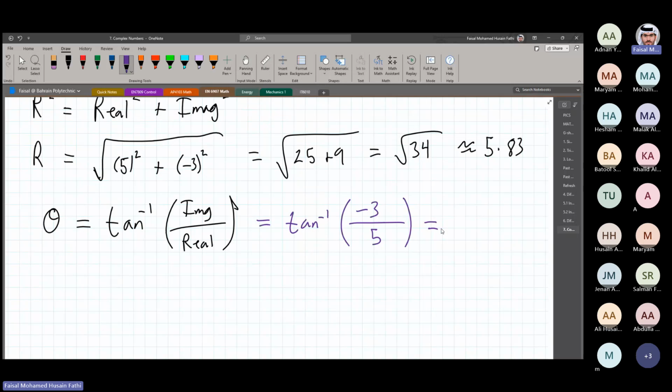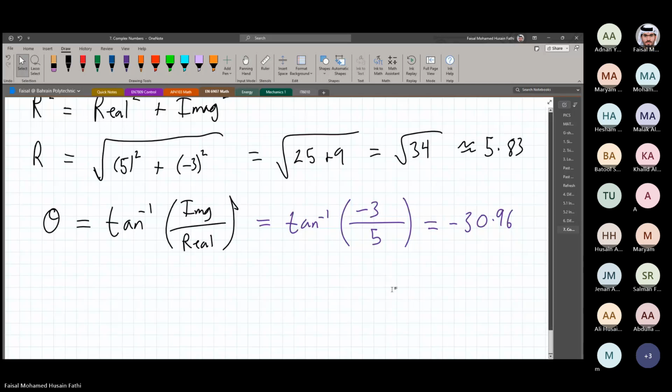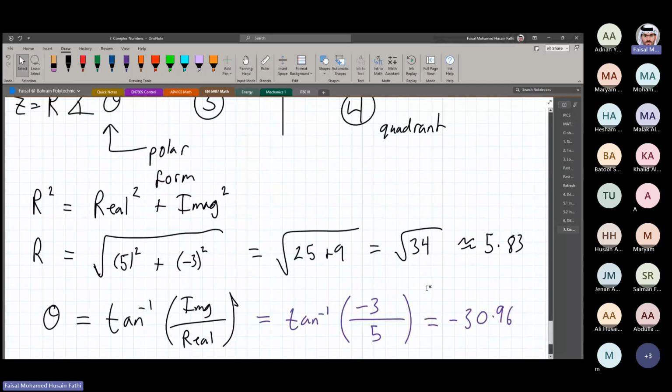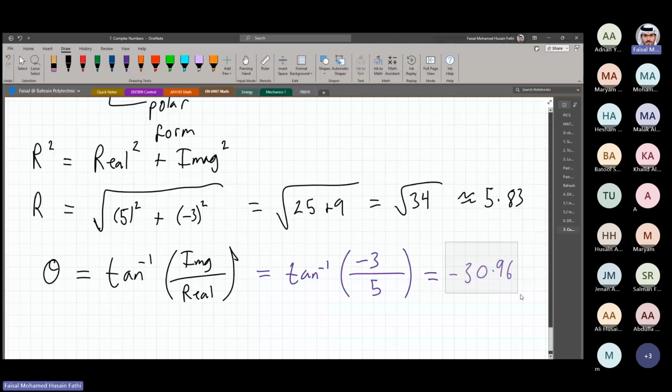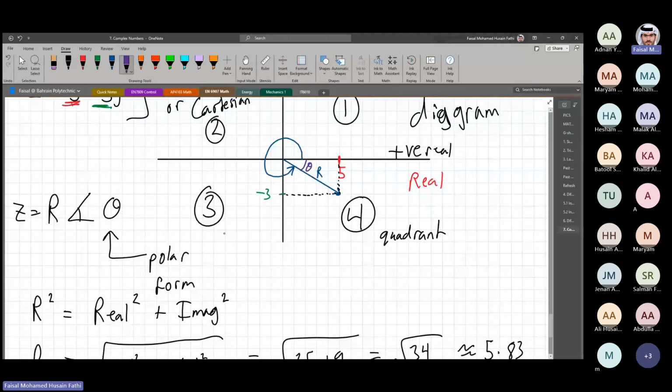Tan inverse of minus 3 over 5, you're going to get a negative value of minus 30.96. Why is it negative? I will say because we have a negative inside, and tan, if it's negative, the value will also become negative. Okay? The minus theta here, the reason it's minus is because I told you the angle starts from this axis.